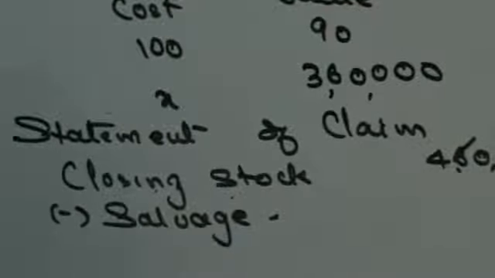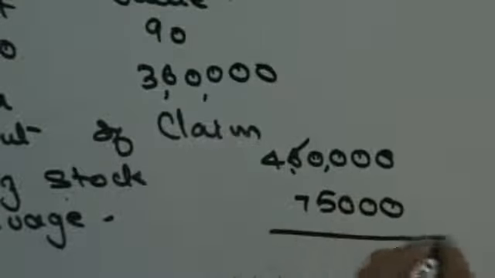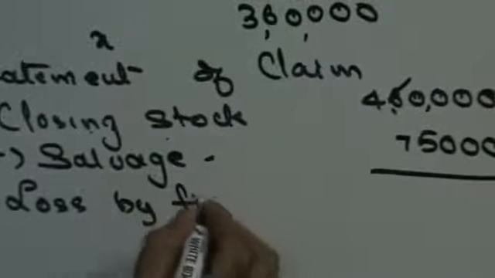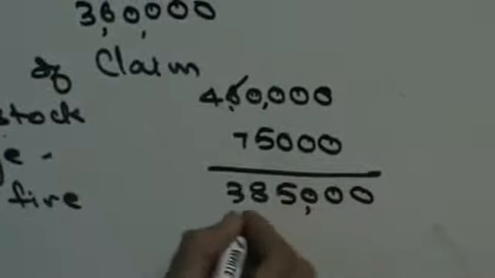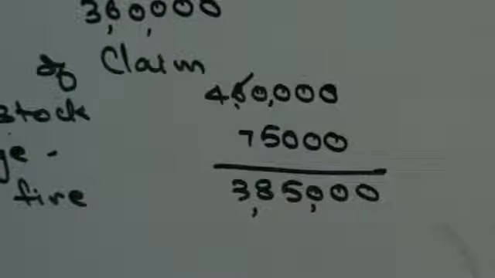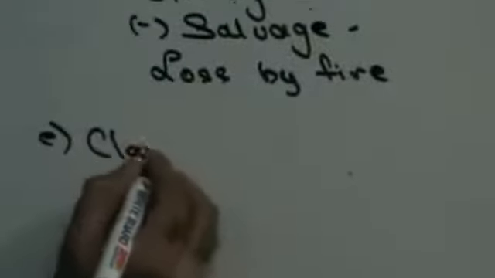Salvage amount is given to you as 75,000. So in that case, you will get your loss by fire as 3,85,000.